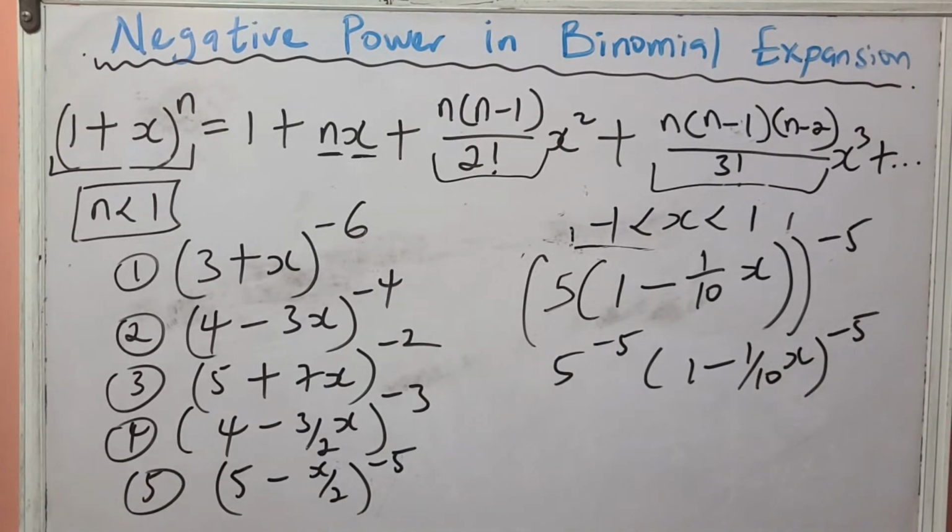5 raised to the power minus 5 will be 5 times 5 times 5 in 5 places. And that gives me what? That gives me a value of 3125.